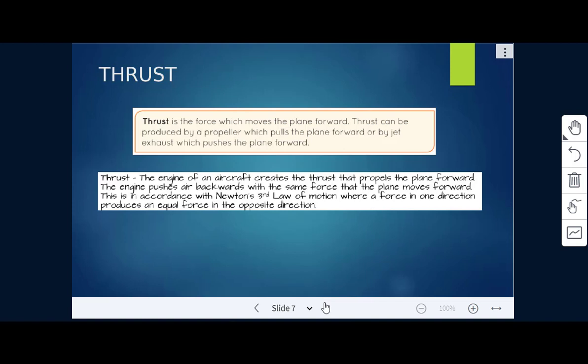The next force we're going to talk about is thrust. This is the force which is going to move the plane forward. Thrust is produced by a propeller. The propeller will pull the plane forward, or there might be jet exhaust, which will push the plane forward.